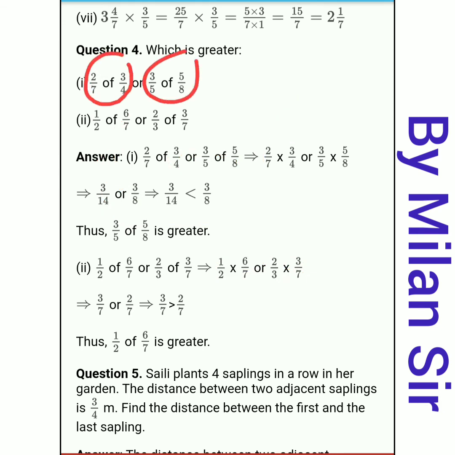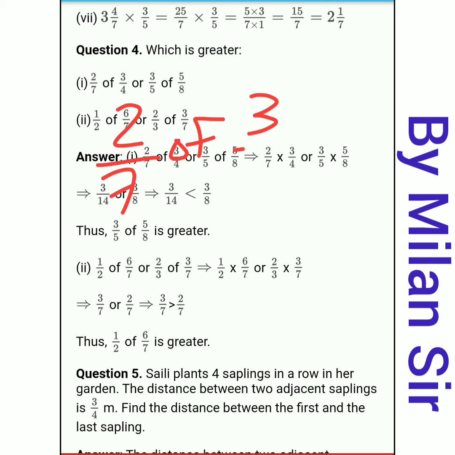Okay, so first of all we need to simplify this. We need to find the final answer of our first part and second part, and out of that we need to say which part is greater. Right, so first of all give the simplification of both these parts. So first of all, 2 by 7 of 3 by 4. So in place of 'of' we need to put multiplication sign, right?